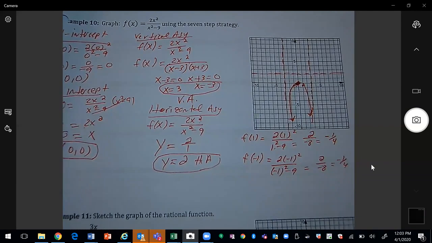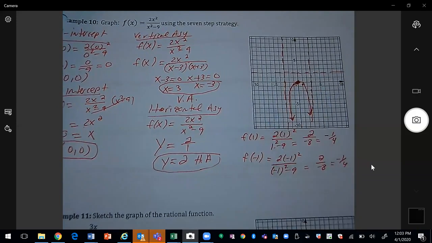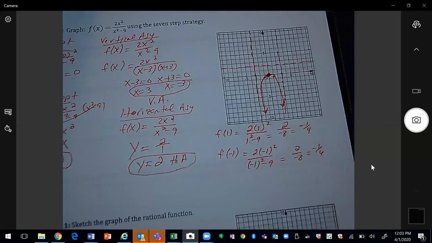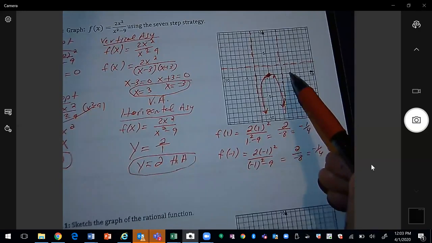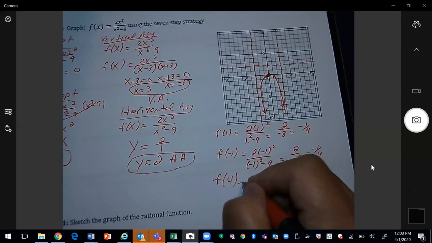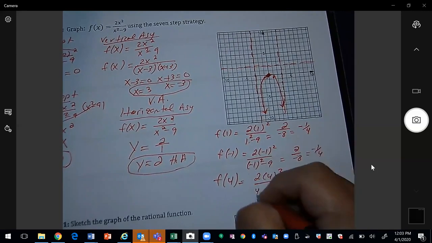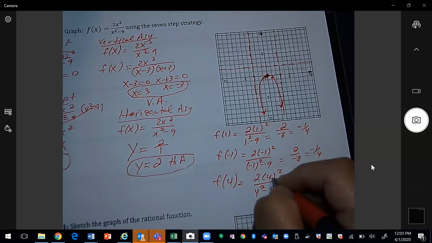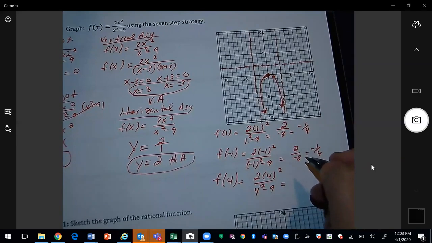But now we need to figure out what's happening on this side and what's happening on this side. So we can choose some more points. The vertical asymptote here was 3, so we can choose, for example, 4. So let's look at f of 4. Four squared is 16 times 2, it's going to be 32.